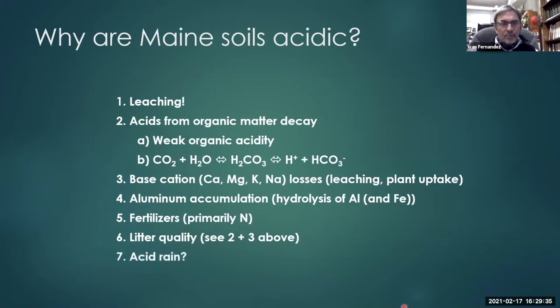And then the last one in my list is acid rain. I did a lot in acid rain for a long time and sort of still do. It's all rolled into other environmental change for experience. But I would often get asked, are soils acid because of acid rain, and how much does that contribute? Acid rain was really important and remains of importance, not as important as it used to be for sure, which is a good thing.